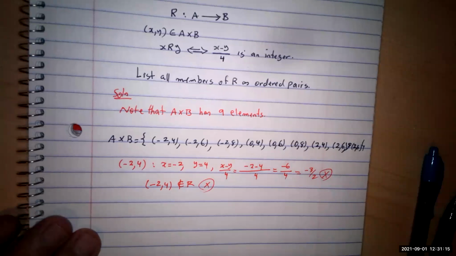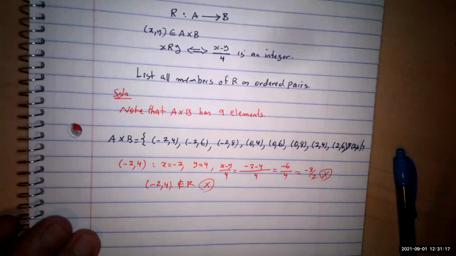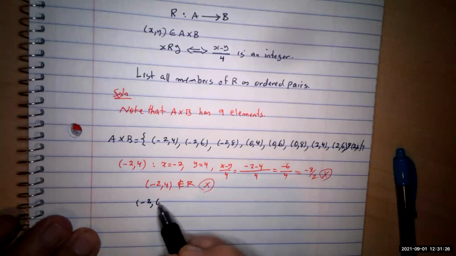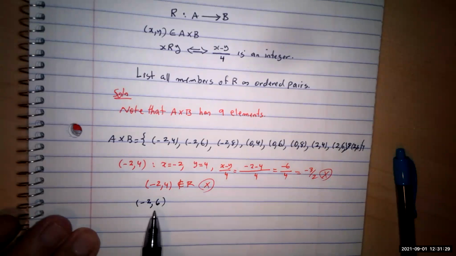And you quickly check the other ones to see if it's going to be the case. The next one is -2 and 6. The difference is -8, which is divisible by 4.